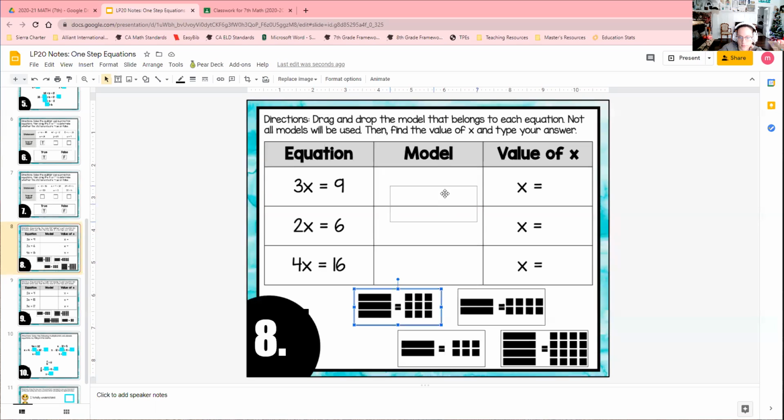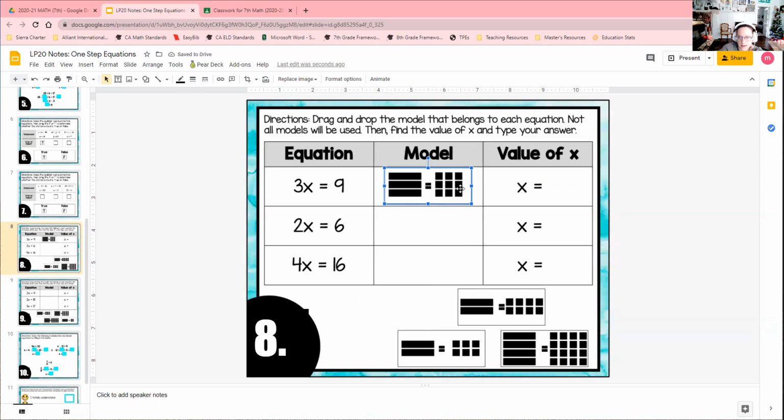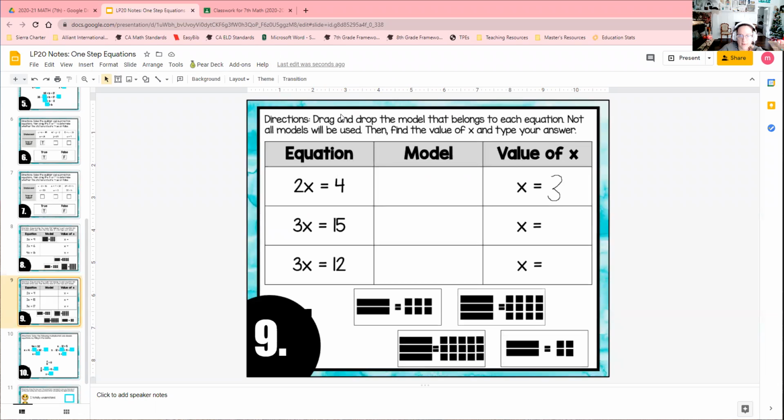So if I look right here, boom, that is my correct model. 3x equals 9, excellent. Now you want to figure out, well, what is x going to be? So 3 times what equals 9? And that answer, 3 times 3, would give you 9. Okay, so it's just helping you start thinking about multiplying and dividing here and the relationships between those numbers. You want to complete the rest of those on page 8 and page 9.